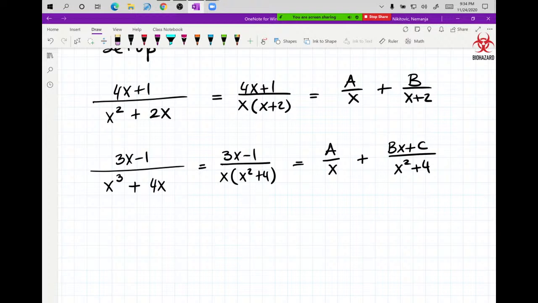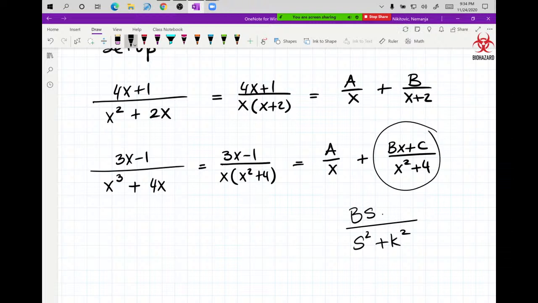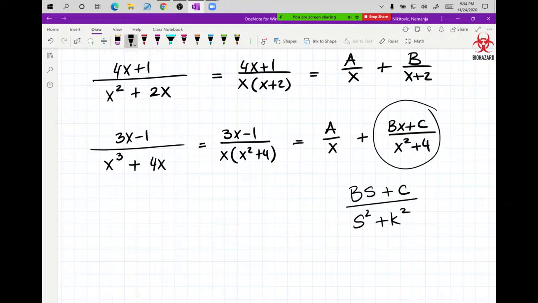Now, is something like this going to be in your inverse Laplace? Well, yes, right? Because if you think about it, your denominator is that s squared plus k squared. Now look at your numerator. It's bs plus c.